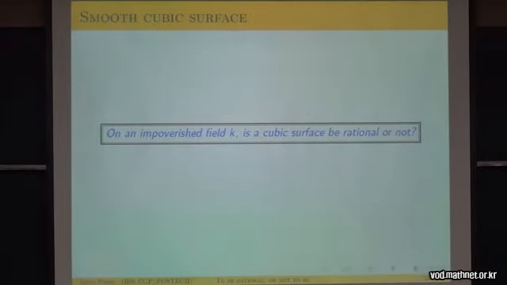So if your field K is very poor, and you cannot find two disjoint lines, then you can ask whether this surface is rational or not.